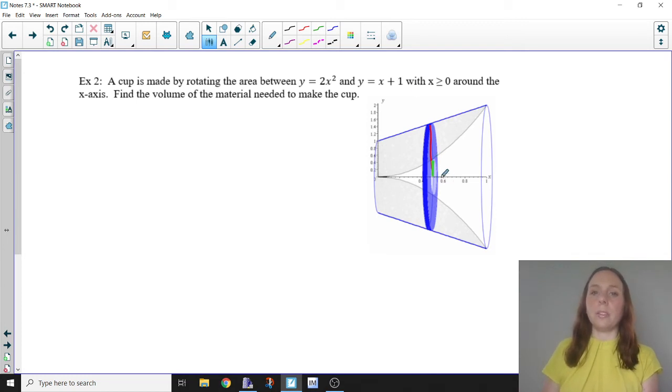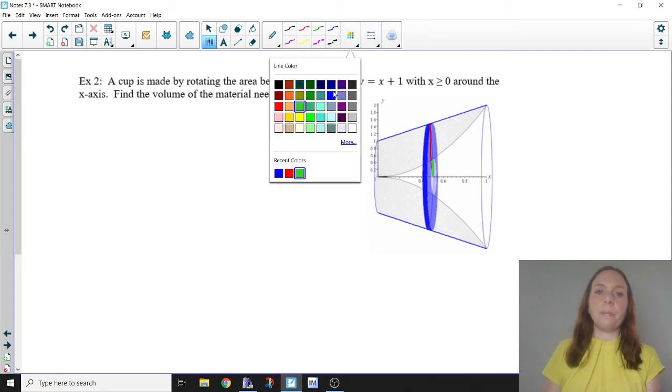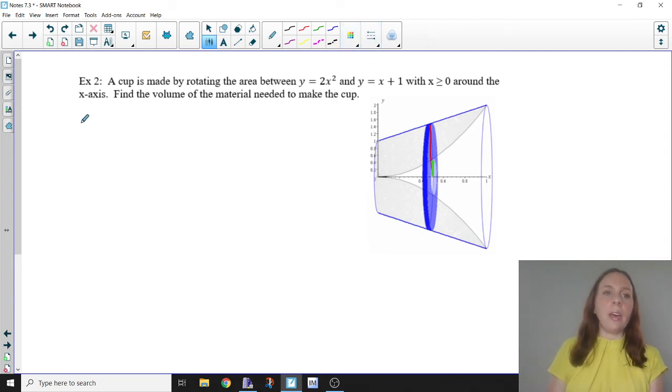That radius is the lower function, and we're squaring it because of the formula pi r squared. Okay, so here's how our integral would get set up. We have the integral from 0 to 1. Notice that it does not tell you to use an upper limit of x equals 1, but that's where the curves are intersecting, and you can clearly see that on this graph. So it's the integral from 0 to 1.